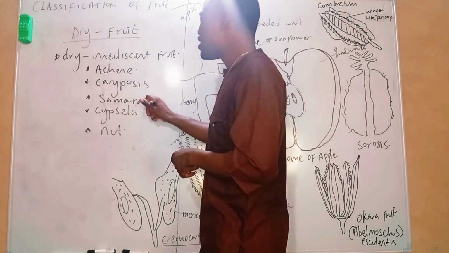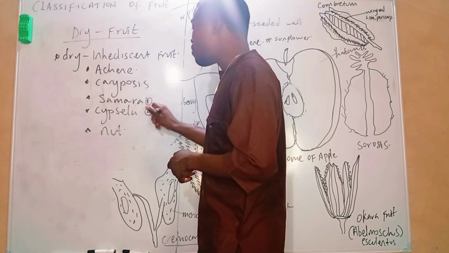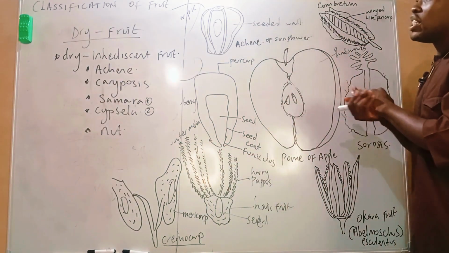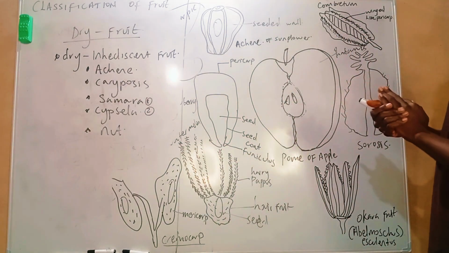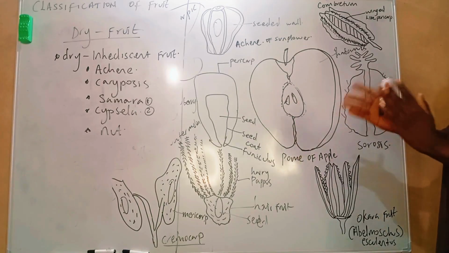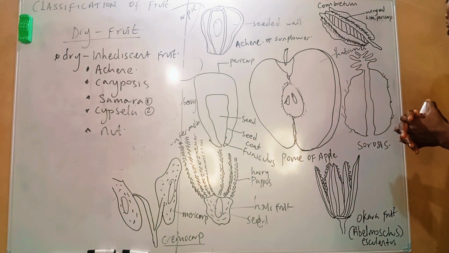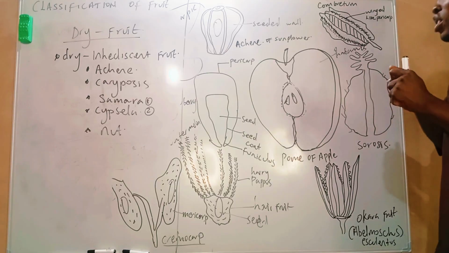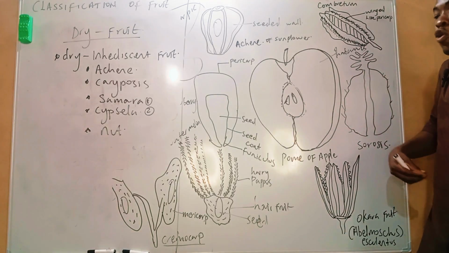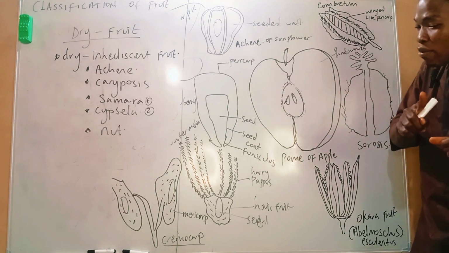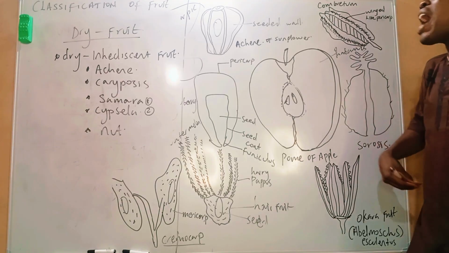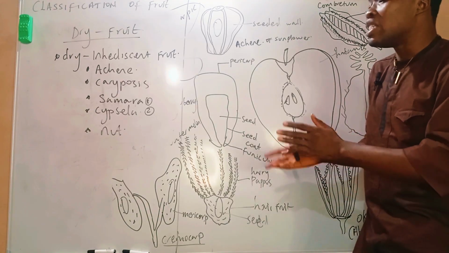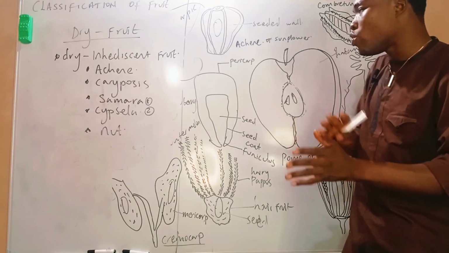Usually the cypsella and the samara are classified as types of achene. The samara, for instance, is usually a one-seeded achene in which the fruit wall, that's the pericarp, which is dry, has some wing-like structure which enables the fruit to disperse from one place to another.